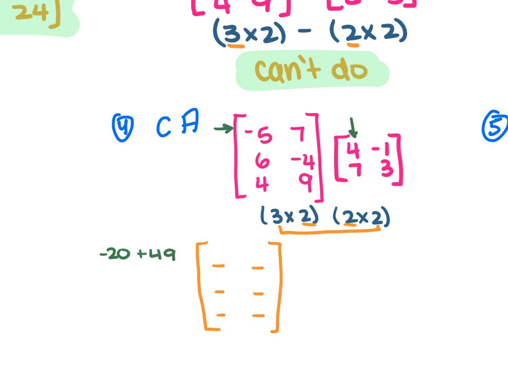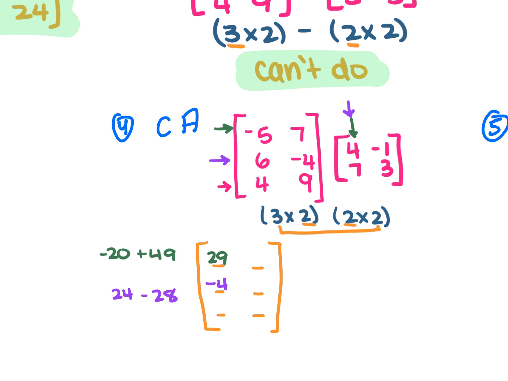So 49 minus 20 gives us 29 for that one. Next one we're going to do is middle row, first column. So 6 times 4 is 24. -4 times 7 is -28. 24 minus 28 gives us -4.